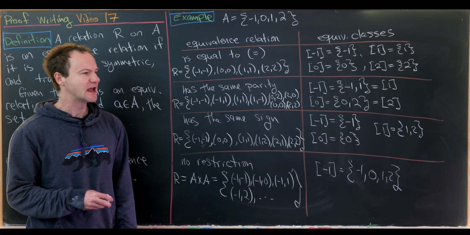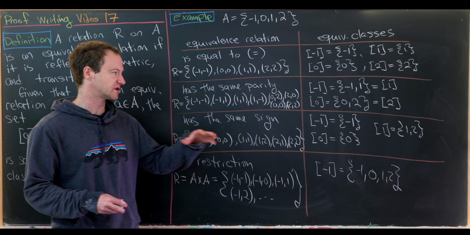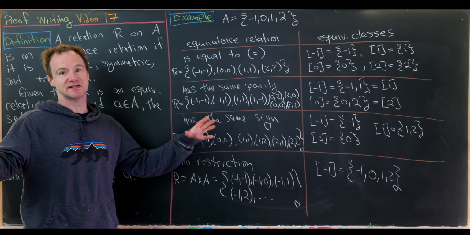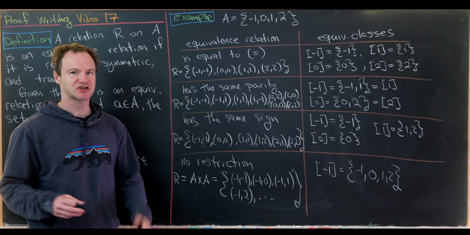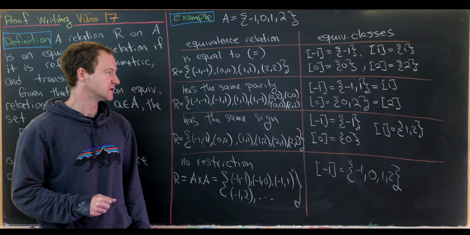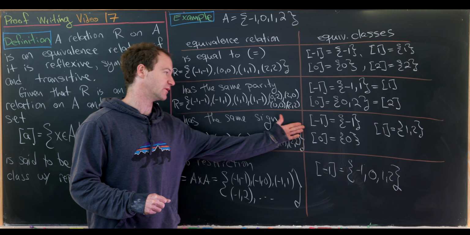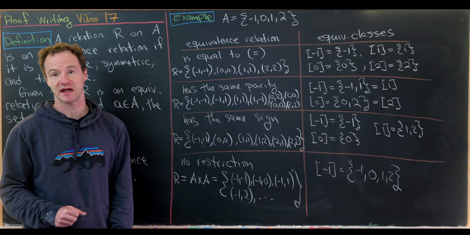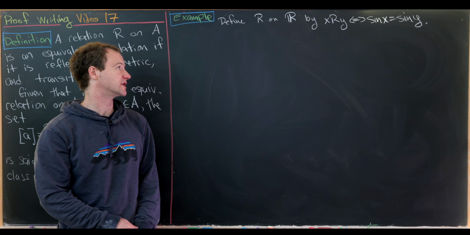So I think the takeaway here is that an equivalence relation and the corresponding equivalence classes are ways to filter sets into smaller parts depending on the conditions that you're trying to study. So in this case, we would want to study the parity. In this case, we would want to study the sign, and we have these nice simplifications for parity and sign. Okay, let's keep going.